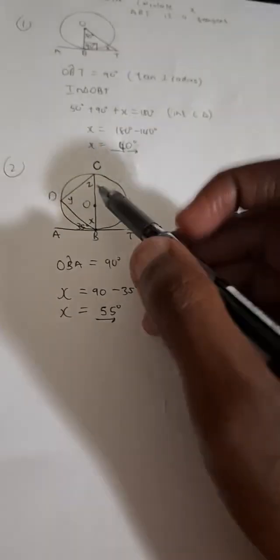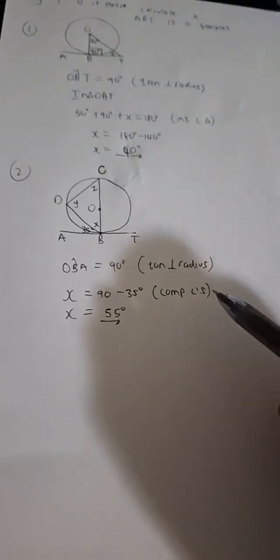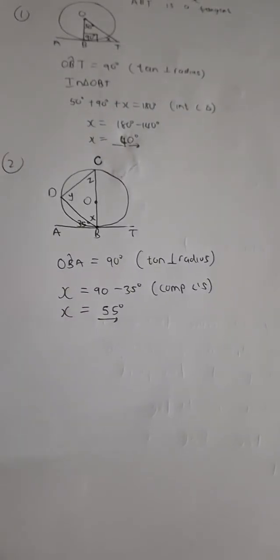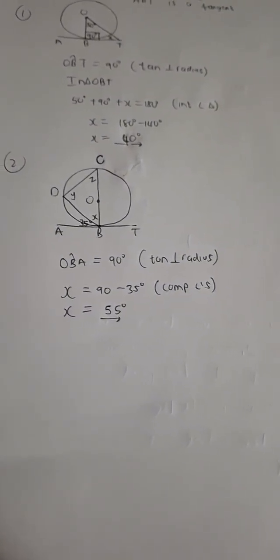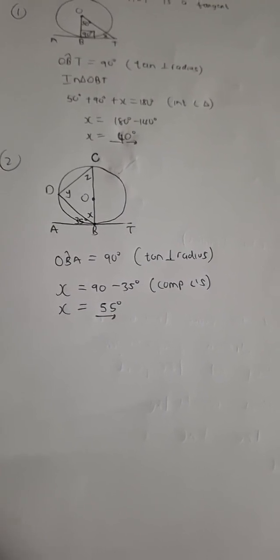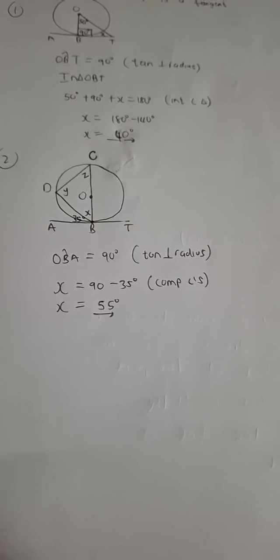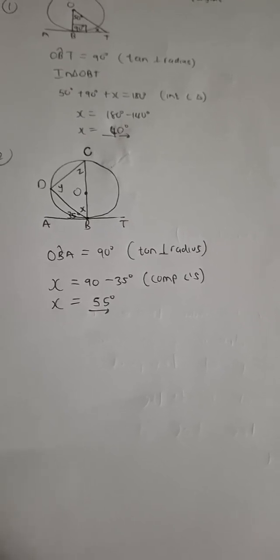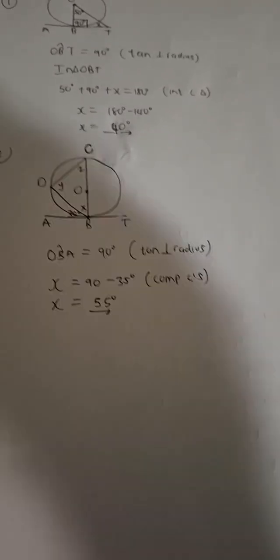Now, since we have 55, what is the value of Y? Someone said something earlier on about the diameter. Hopefully that person is still here in this live, or maybe they left a long time ago. It was Mfana Mbele. Mfana, I hope you are here.